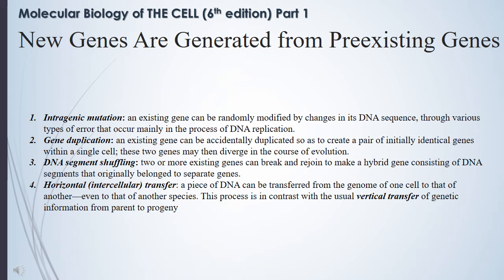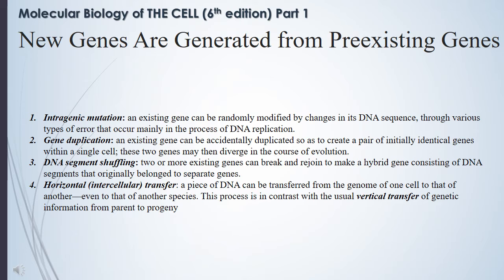And the interesting thing is that these genes from that point on can diverge, which means mutate and undergo evolution completely separately from one another, and through time result in completely different genes.